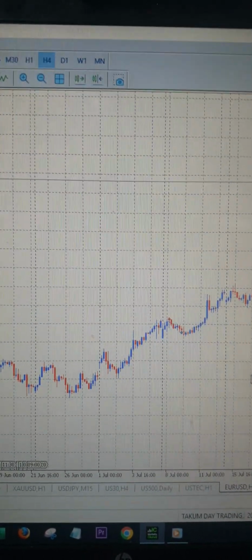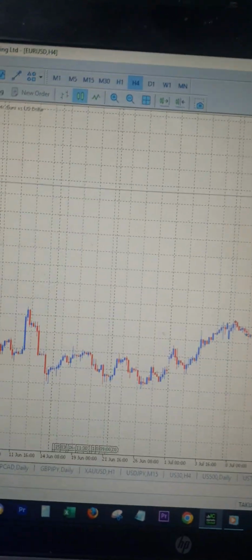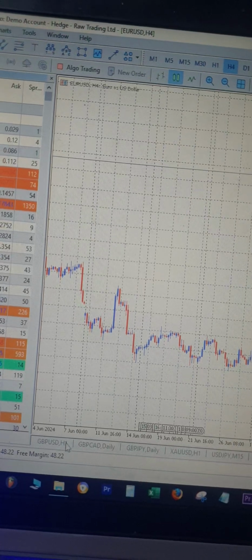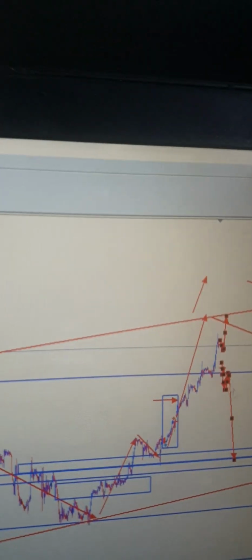So okay, guys, now let's do some analysis with these currency pairs that are lined up like this. We already have one analysis here, but I don't like the way it is very dirty.